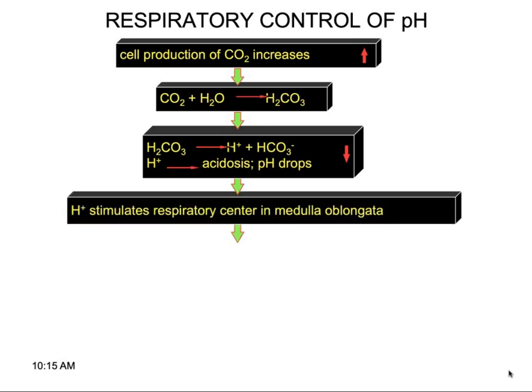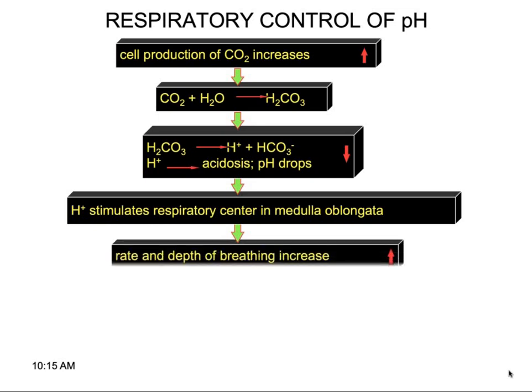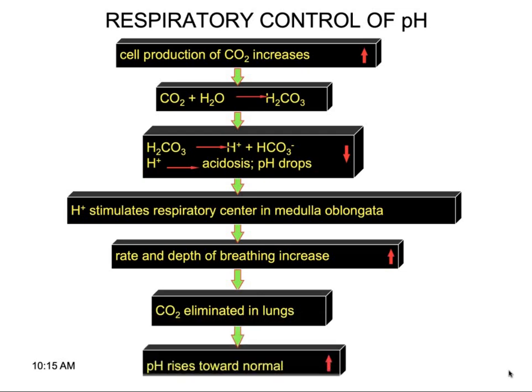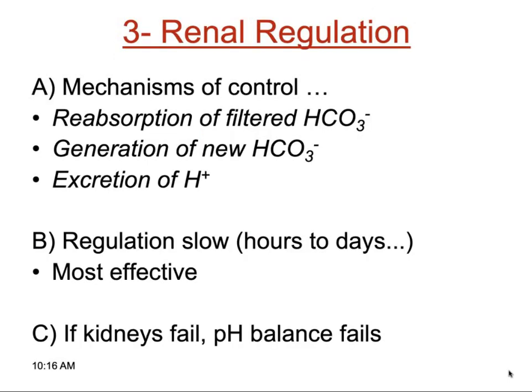And as you know, hydrogen stimulates the respiratory center in the medulla oblongata. So what will happen because of that? The rate as well as depth of breathing will increase. That will lead to elimination of carbon dioxide from the lungs, and the pH will try to restore towards normalcy. So this is how this will function.